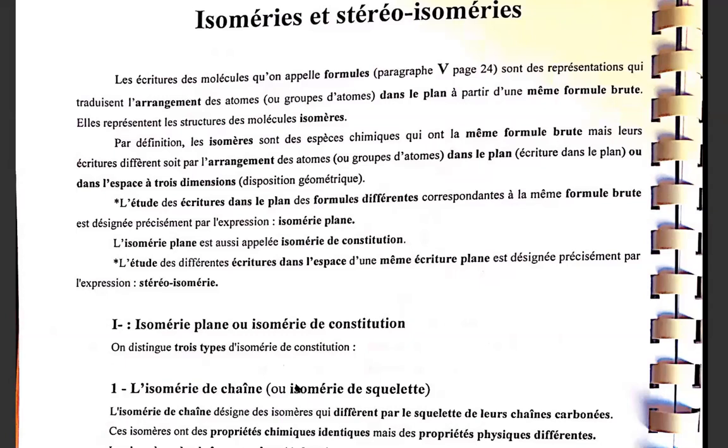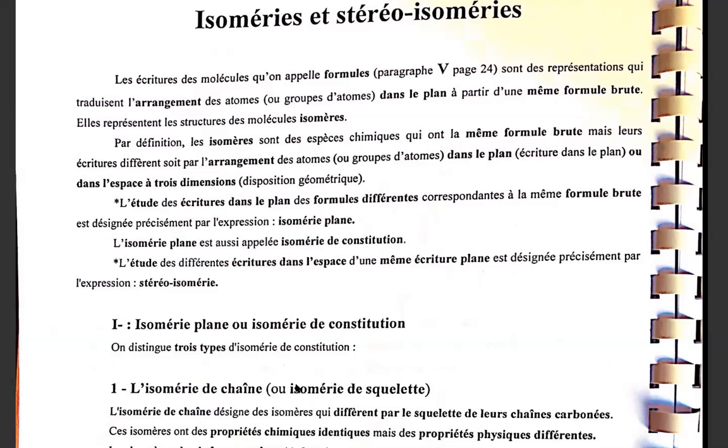With configuration, you have molecules being moved, like the breaking of bonds to form new ones so that you have isomers. With conformation, you have the twisting and turning of molecules: conformation bâton, conformation chaise, conformation envelope, etc. Just moving bonds.